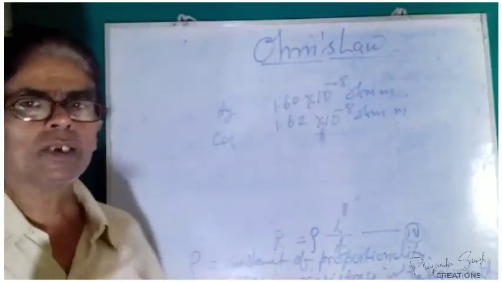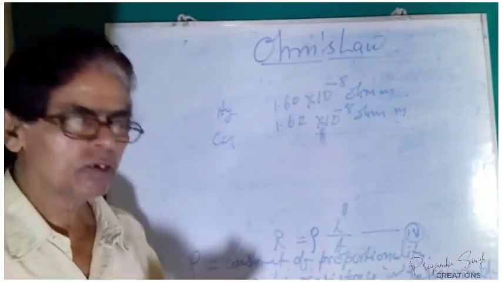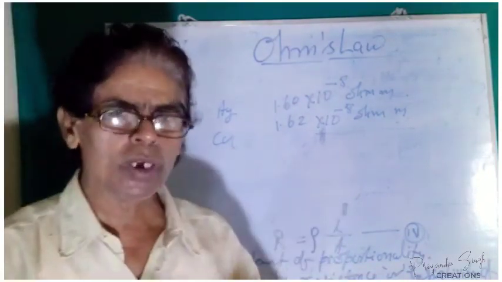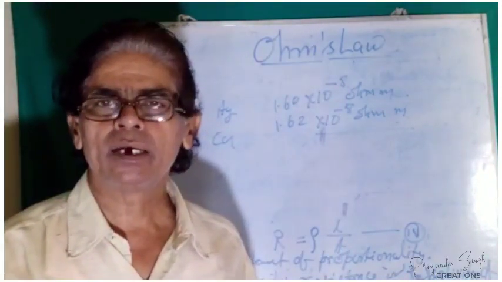So in this way, as the resistivity increases, its conductivity decreases, that is, their smoothness of flow of electric current decreases.